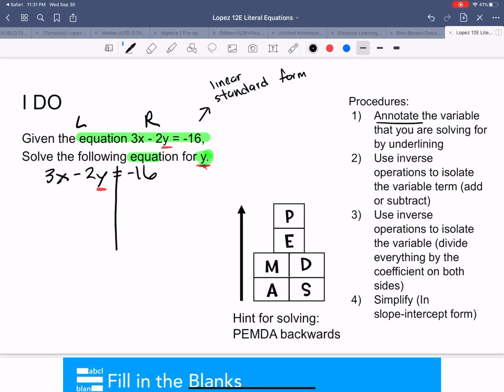When we look at the left, we have a 3x here, so that 3x needs to go. We're going to use its inverse operation, which is minus 3x on both sides. 3x minus 3x gives us a 0 pair. Anything minus itself will give you 0. We drop down to negative 2y, equal to negative 16 minus 3x.